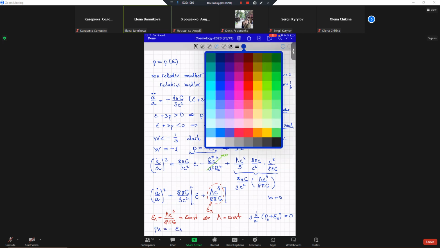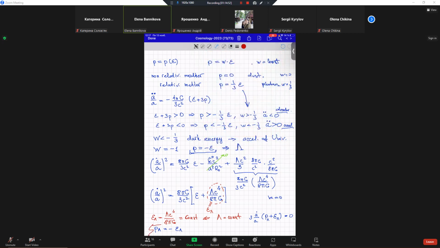So you can see that the cosmological constant we can consider as some form of energy, or matter in general, which has a negative pressure.